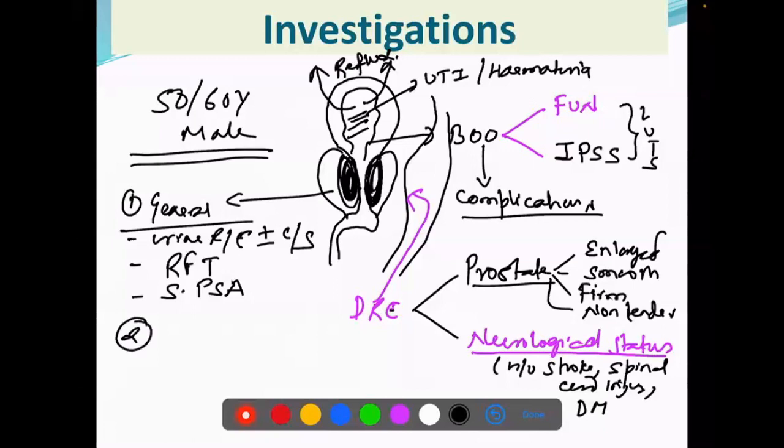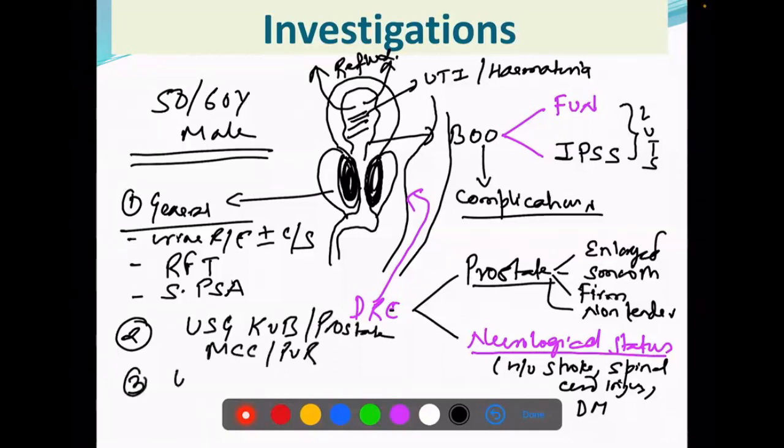Now, then what are the investigations that is essential for diagnosing the BPH and also management? Those are ultrasonogram of KUB region and prostate with MCC and PVR, and uroflowmetry.